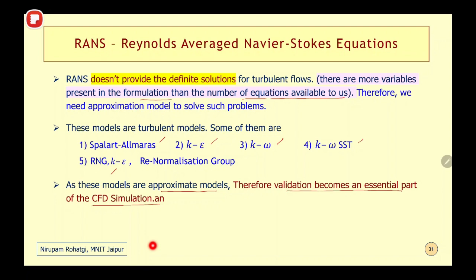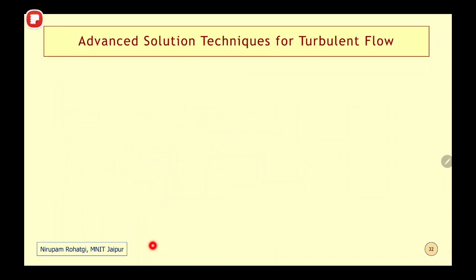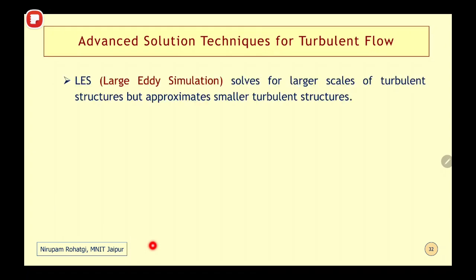If it was a mathematical solution, there would have been only one model. So depending upon different types of cases, they have developed different models, and so there is an element of approximation here.